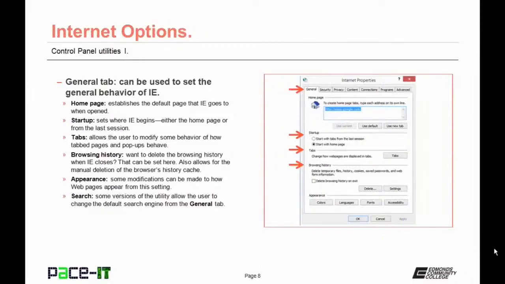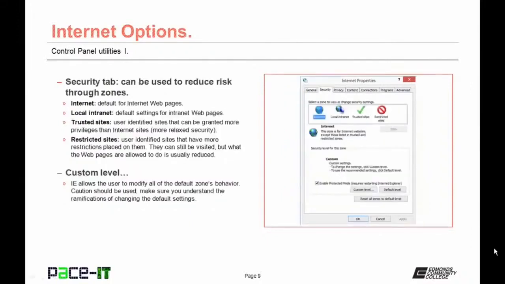You can set it so that Internet Explorer deletes the browsing history when it closes, or you can manually delete the caches from here. From the Appearance section, some modifications can be made to how web pages appear. Some versions of the Internet Options applet do have a section where you can set the default search engine. This version did not have that.